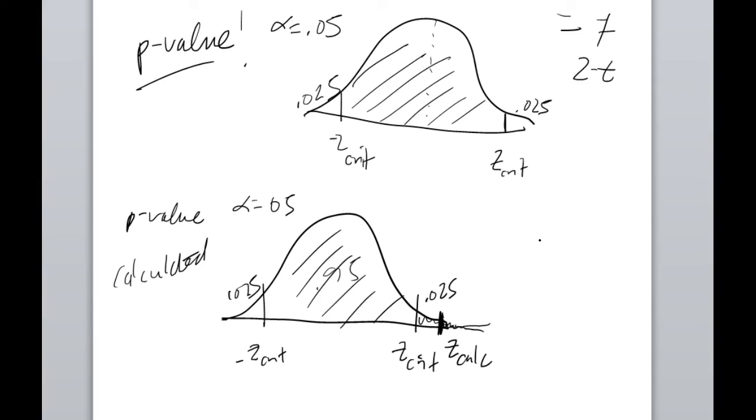Something like 0.00003 or something. And that would simply be our probability of being wrong in our conclusion, given this calculated value that we came up with. That's it. So that's p-value. p-value is kind of the calculated version of alpha, if you want to think about it like that.